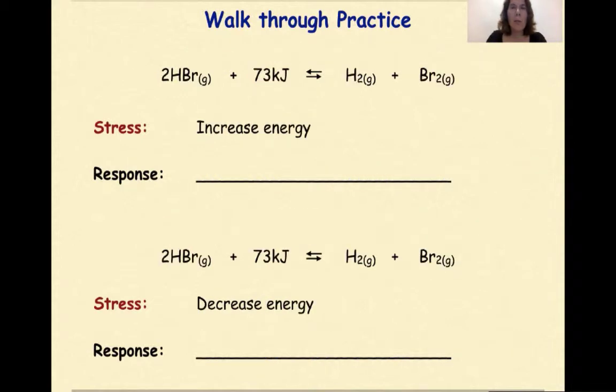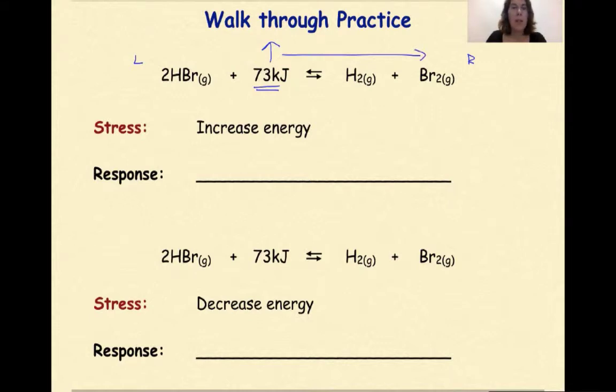Let's look at some more examples. This is my left, and this is my right. The stress here is an increase in energy, and that energy is represented as 73 kilojoules. So for an increase of energy, I'm going to put an up arrow over the 73 kilojoules. That means I have more energy on my reactant side. Therefore, my point of equilibrium has to shift in order to form more products.